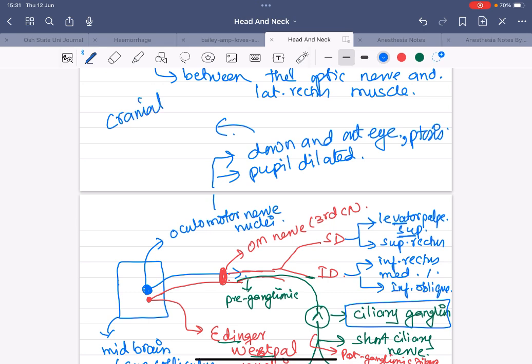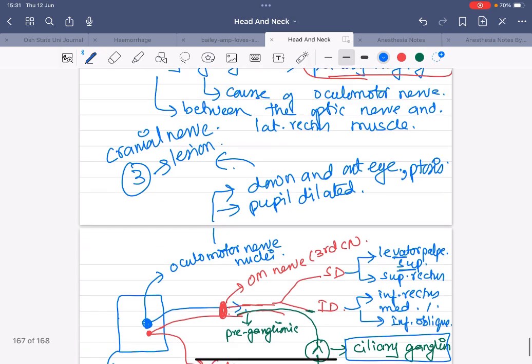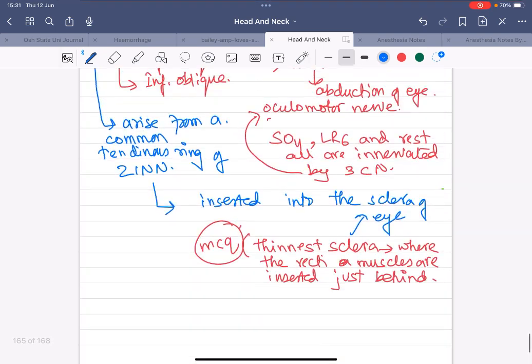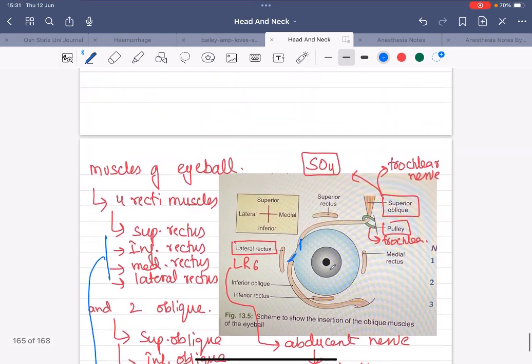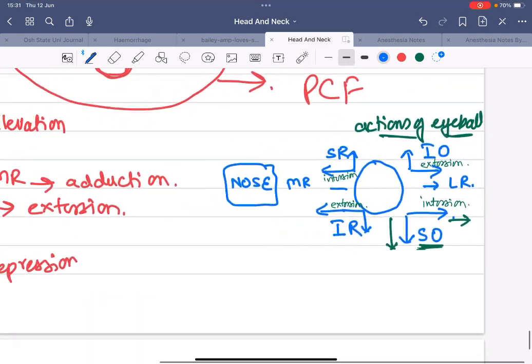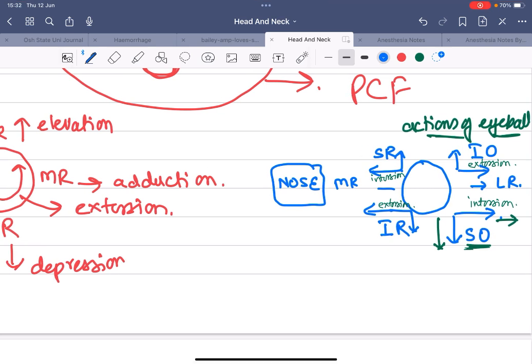See this diagram: if the lateral rectus muscle is gone, that is a lesion of the sixth cranial nerve.